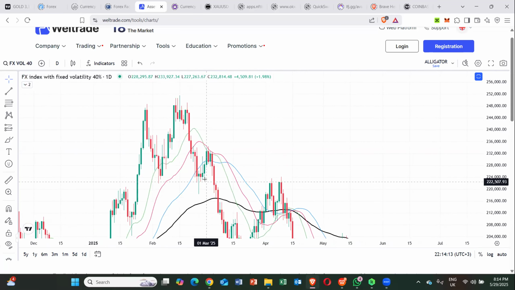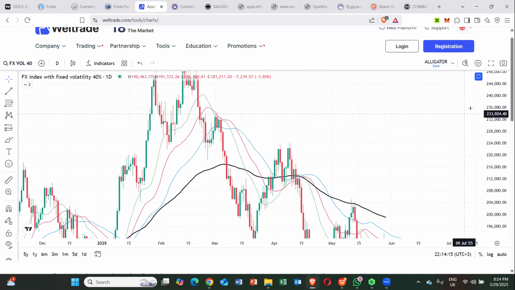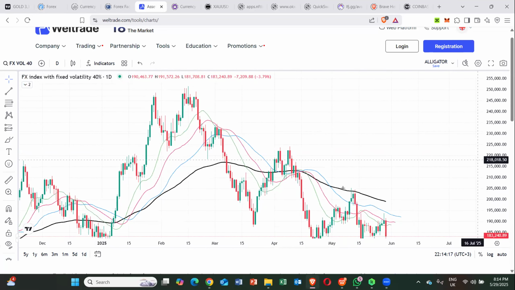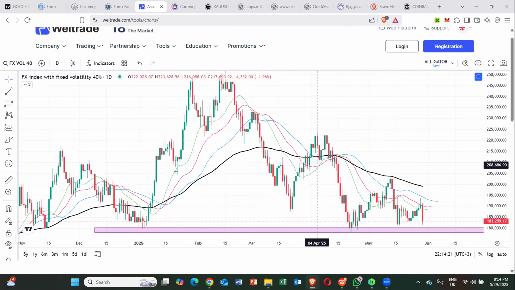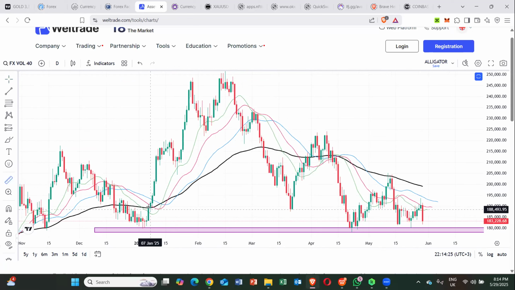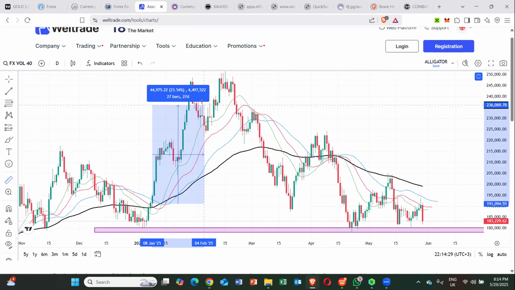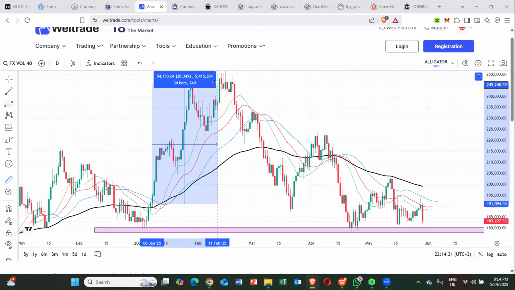So imagine that you catch this kind of trade that bounced from this level. Let's assume you got it here, even if you missed this one, and you follow this trade to this point. With your 0.01, it has given you $54.